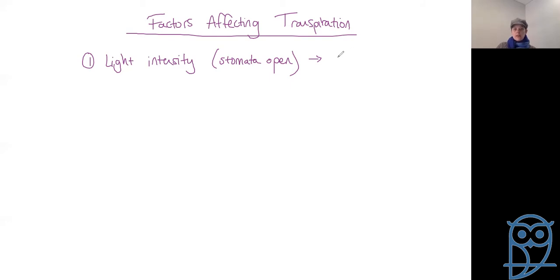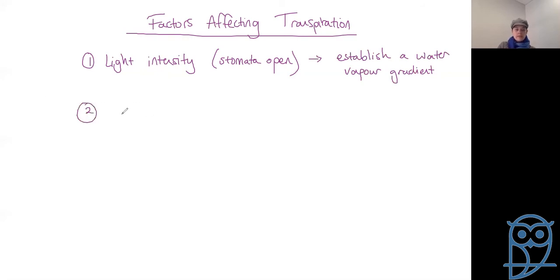So here we establish a water vapor gradient. At higher light intensities, more photosynthesis, more stomata open, more diffusion of water vapor.